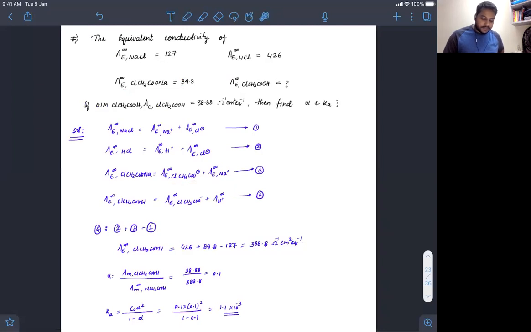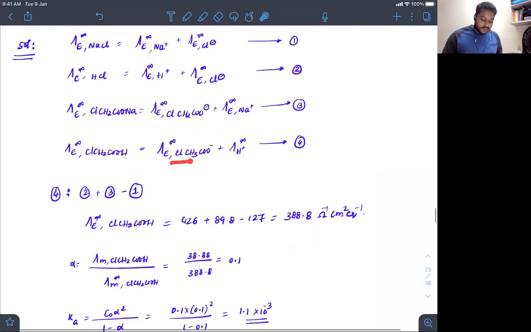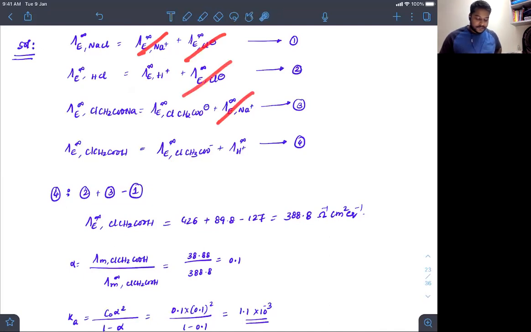And finally I need it for this one, which is CHCl3CO minus and H plus. To get this, you can see how we can add, because I need this in this and H plus on the right hand side, and I need to cancel off all these four. So I need to write 2 plus 3 minus 1.